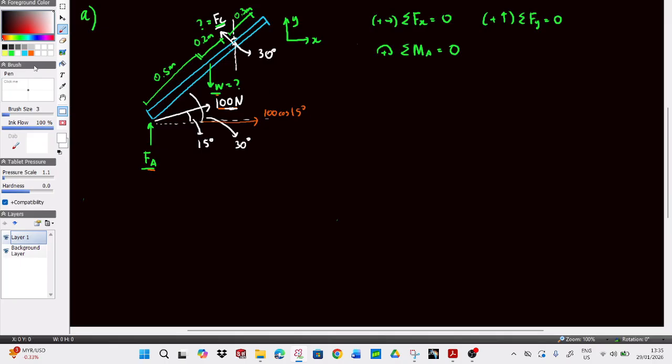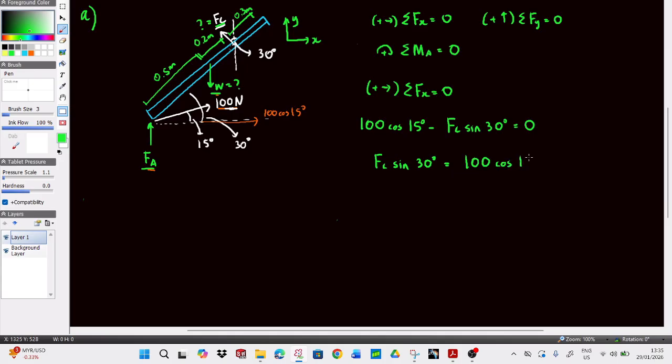So we take the summation of Fx equals 0: 100 cosine of 15 degrees, which goes in the positive direction, minus FC sine 30 equals 0. So FC sine 30 equals 100 cosine 15 degrees.